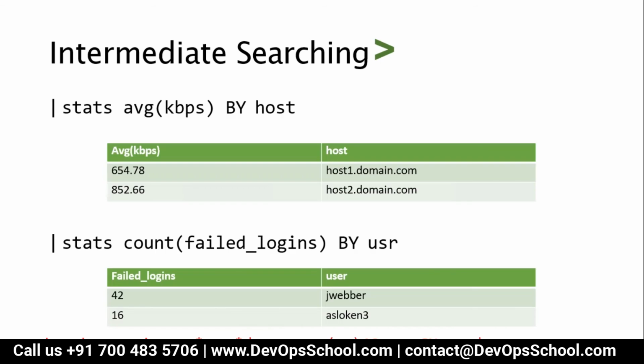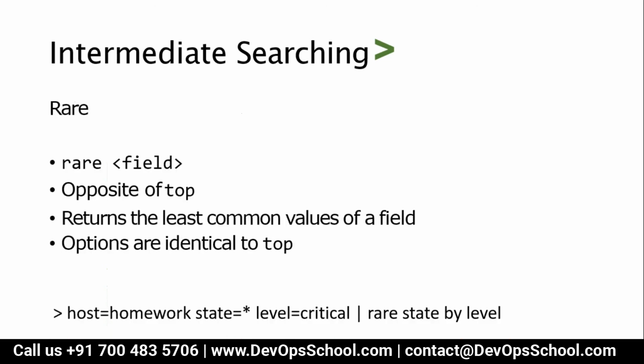Now some quick examples: stats average total bytes by each host, count the failed logins by each user. These examples will work on the home data and the Linux data you have got.